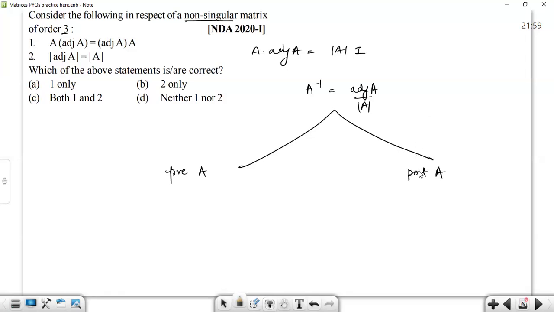When we post-multiply, let me do it once again.